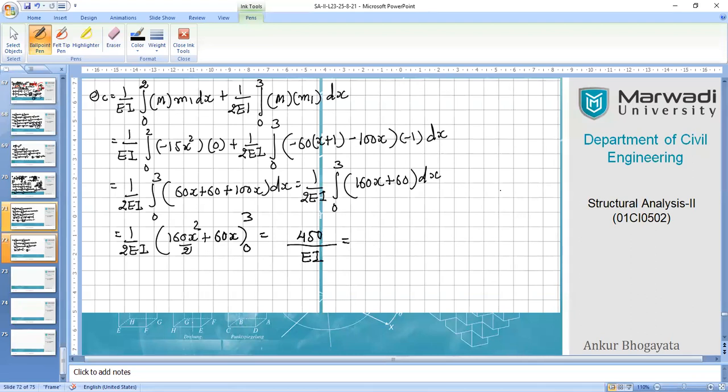So let's confirm, or you can give us the other answer also. 450 divided by 6, that is 75. So it is 7.5 into 10 to the power minus 3 radians.